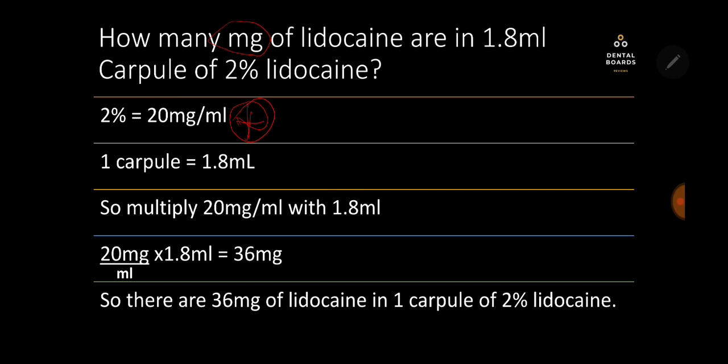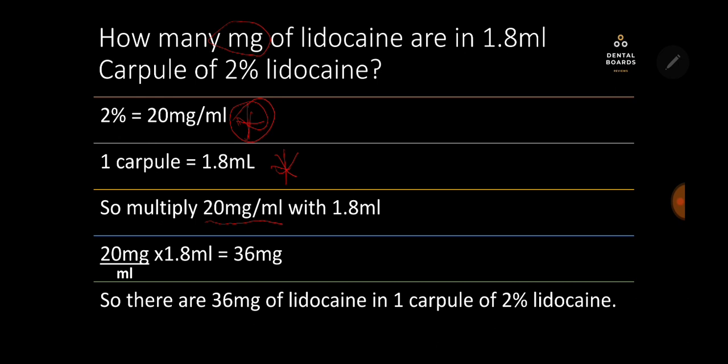One capsule, as I mentioned in the previous slide, has 1.8 mLs. So to get the total milligrams, we multiply the 20 milligrams per ml, which is in 2%, times the volume of the solution in the capsule.